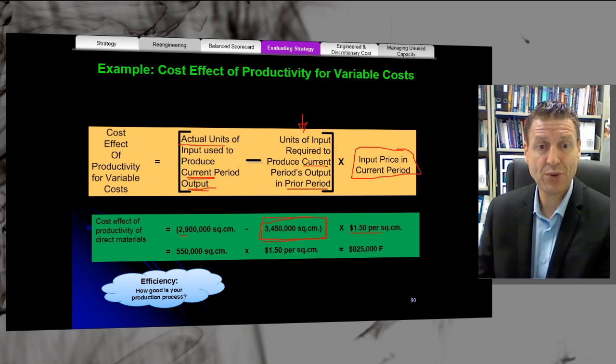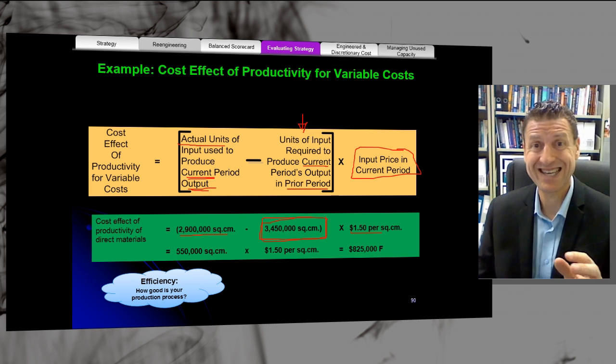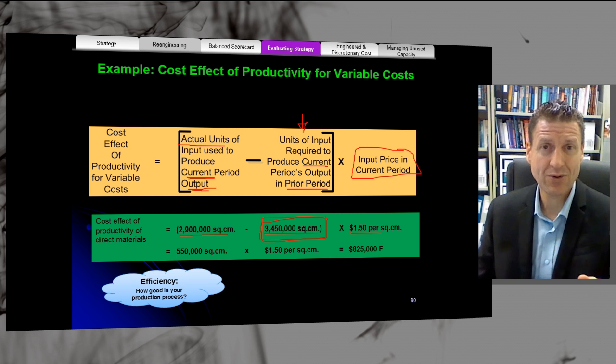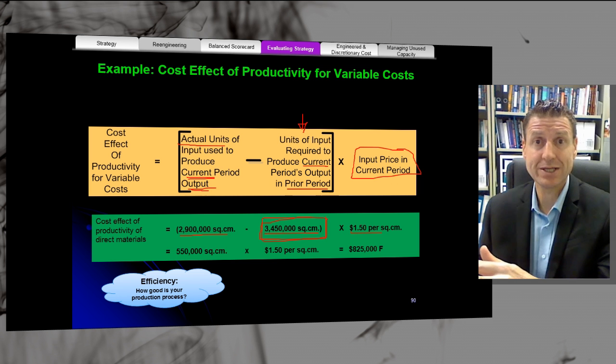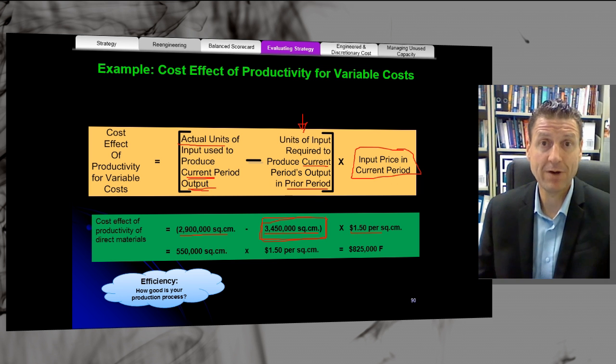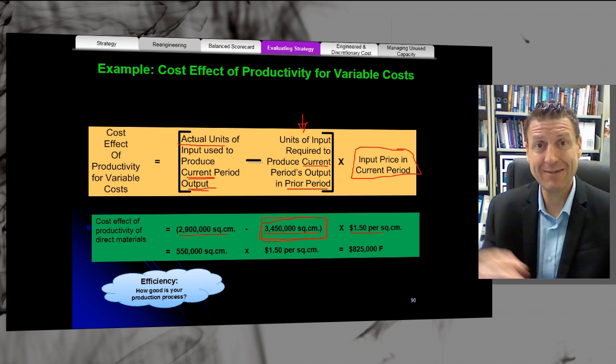And so that 2.9 million square centimeters of input minus what we should have used, do you think that is a good thing or a bad thing? Well, given that our growth has occurred, we've gone from 1 million units in 2012 to 1.15 million units in 2013, we should have needed more inputs in the second period.